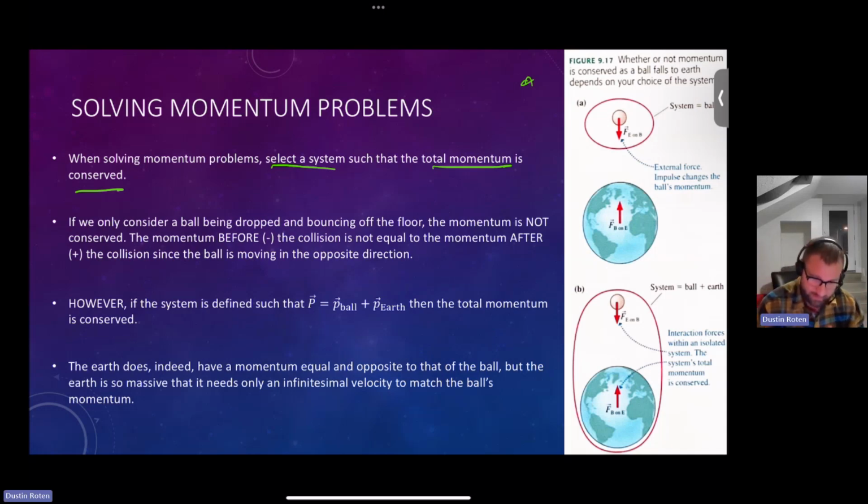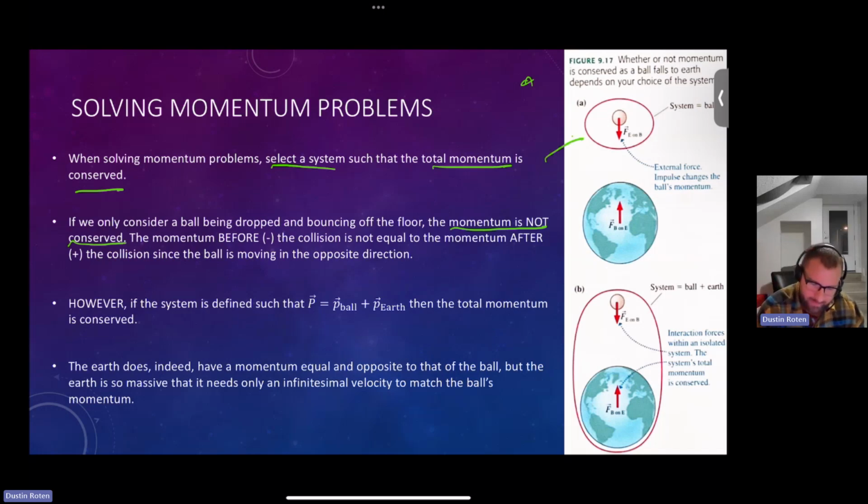So let's consider over here on the right, let's consider this ball being dropped and bouncing off the floor, or essentially bouncing off the earth. So the way it's drawn up here in part A, we see that the momentum is not conserved. Okay, now the question is, why isn't it conserved?